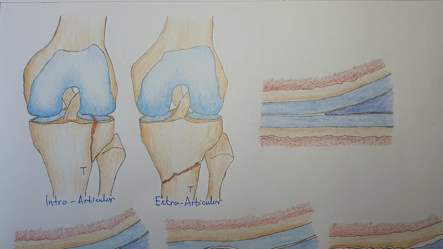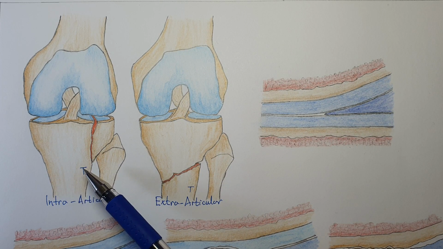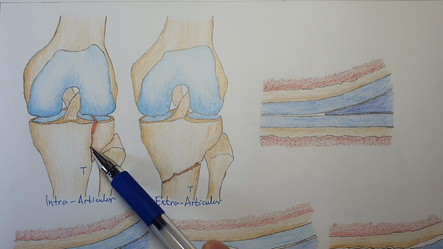So the difference is obvious, and it is also obvious that intra-articular fractures are more complicated, and they have a significantly more serious outcome, because they can have short and long-term complications, and they most often have these complications.